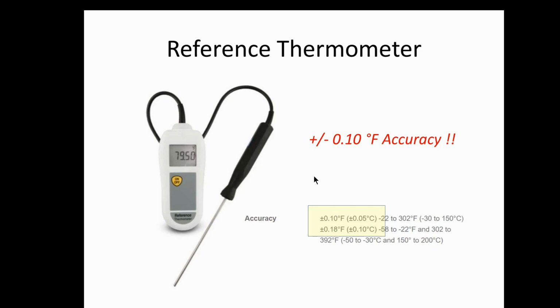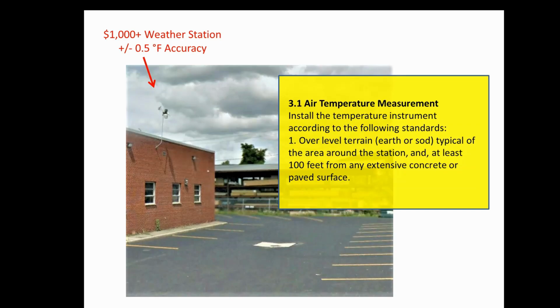A lot of commercial devices don't get to that accuracy unless you spend $500 or $1,000. That brings up another issue they mentioned in the National Weather Service document, and that's not about the device itself, it's about where you site it, where you put it.